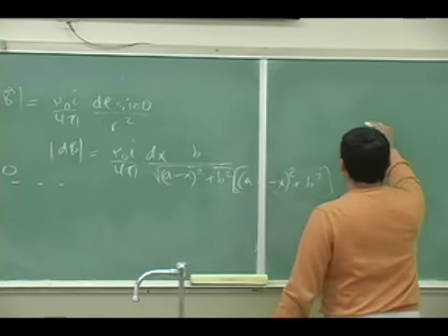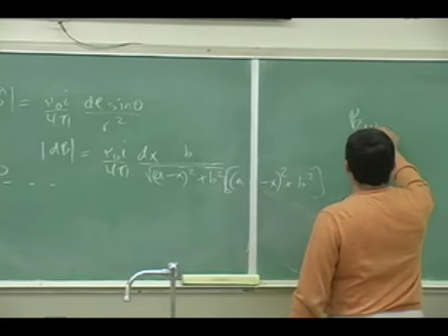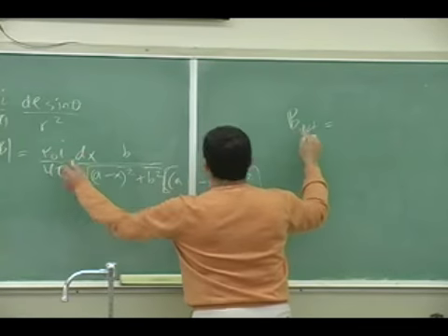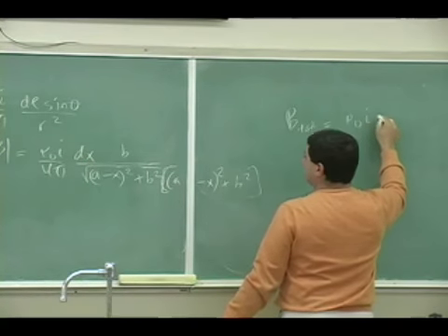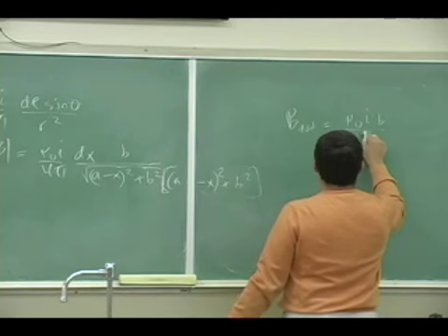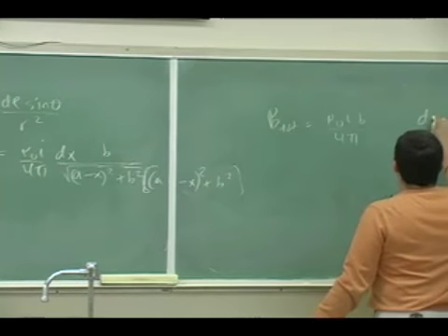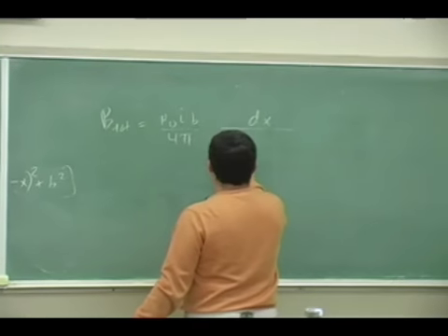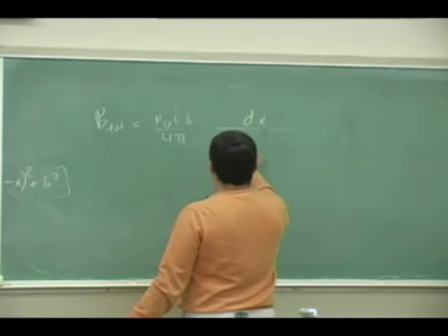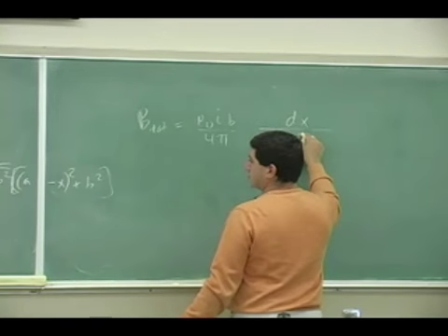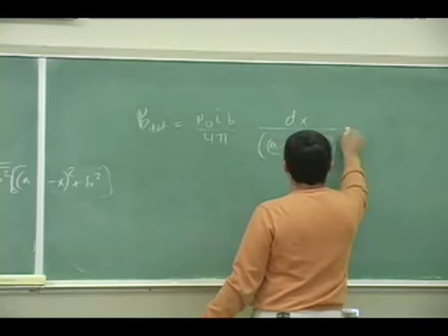So my final integral is going to be like this. B total is going to be, this is constant, mu 0 I B over 4 pi, integral of dx over A minus x quantity squared plus B squared to the power of what?